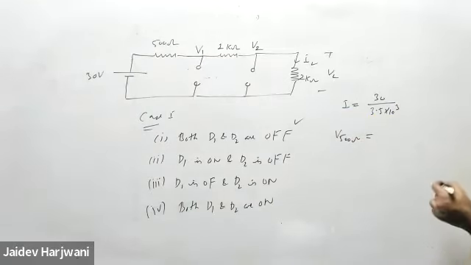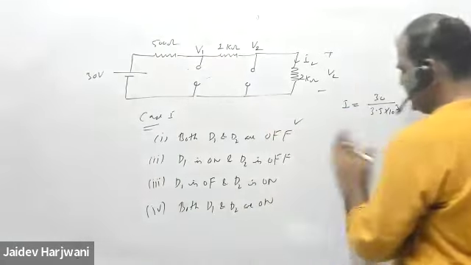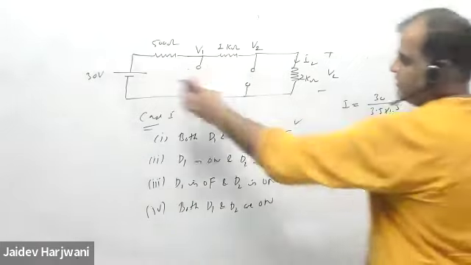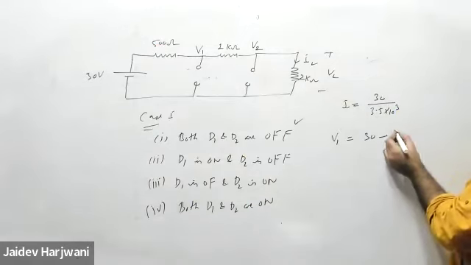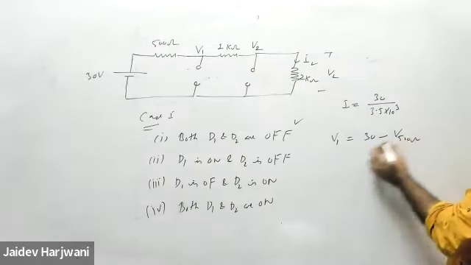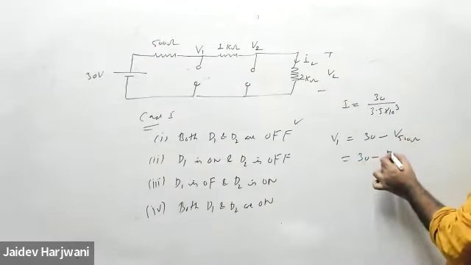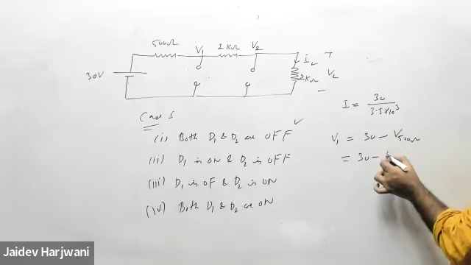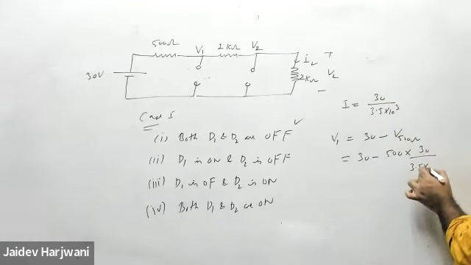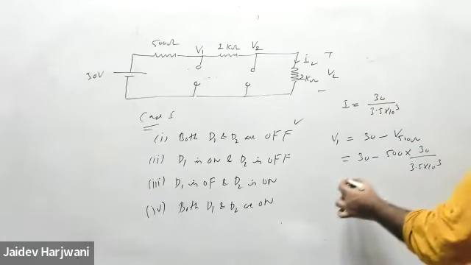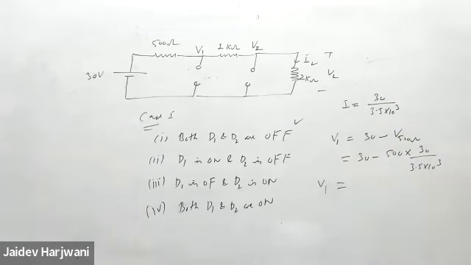Basically V1 is 30 minus the drop across 500 ohm. The resistance is 500 ohm, and the current is 30 upon 3.5 into 10 raised to power 3. What is the voltage? Tell me, what is V1?